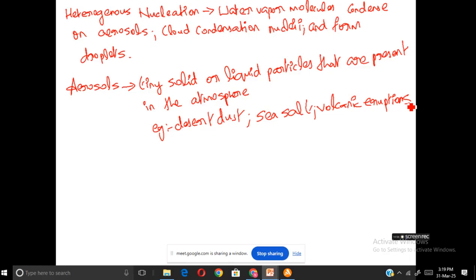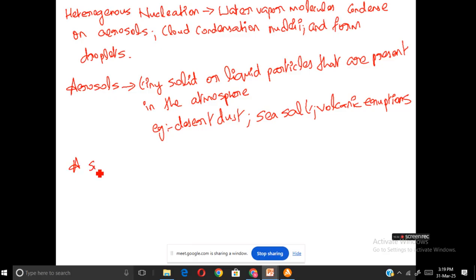A subset of these, not all aerosols, but a subset of these aerosols are capable of serving as centers upon which water vapor can condense and form droplets. And the droplets can form and grow on these particles at much lower supersaturation than for homogeneous nucleation.